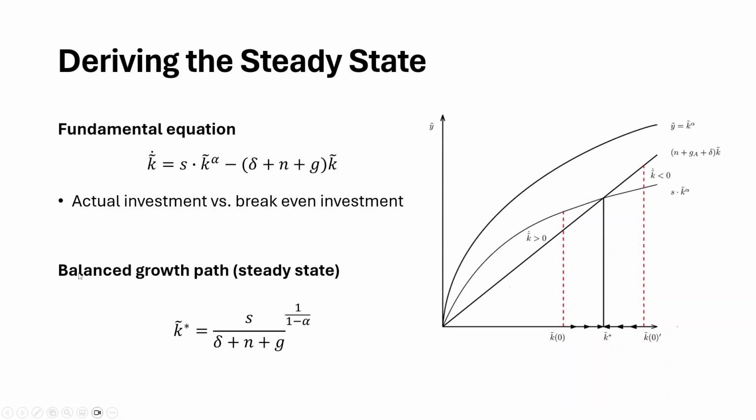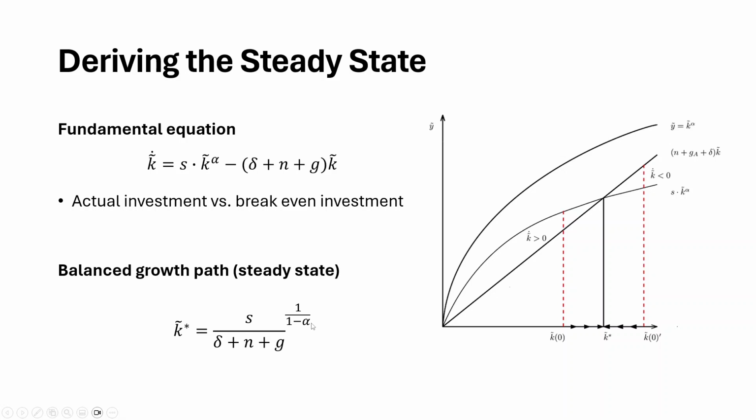This is defined as where k tilde dot equals 0. So we put this left-hand side of the fundamental equation equal to 0 and solve for k tilde, and we get our k tilde star, which is given by this formula here: s on delta plus N plus G, all to the 1 on 1 minus alpha.